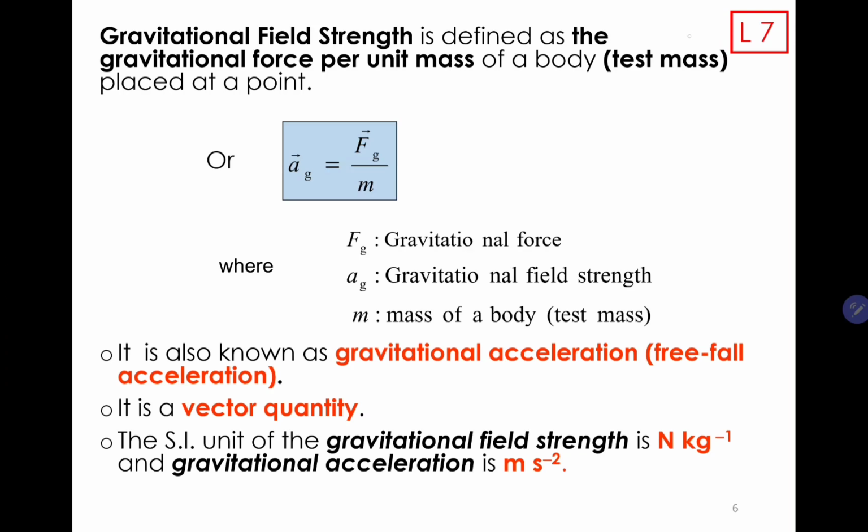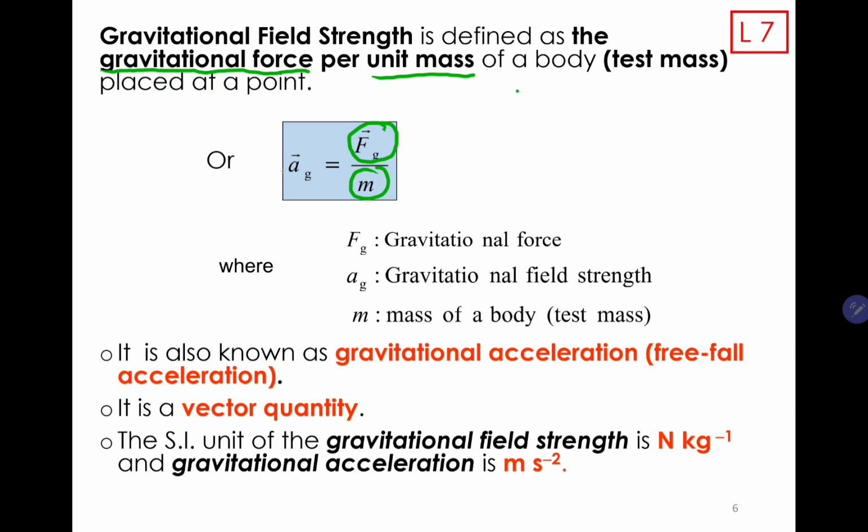The keyword given here is gravitational force, per unit mass. So Ag equals gravitational force per unit mass. So this is the equation: Ag equals Fg over m.